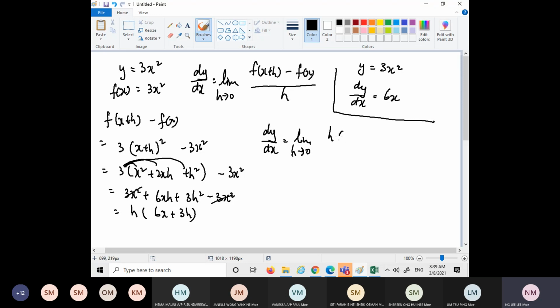So h(6x plus 3h) divided by h, cut. Substitute, direct substitution, h equal to 0. So this one equals 0. 3 times 0 is 0. So balance 6x. See, 6x. Your answer is correct. The second example looks still okay. Now we go to the third example.